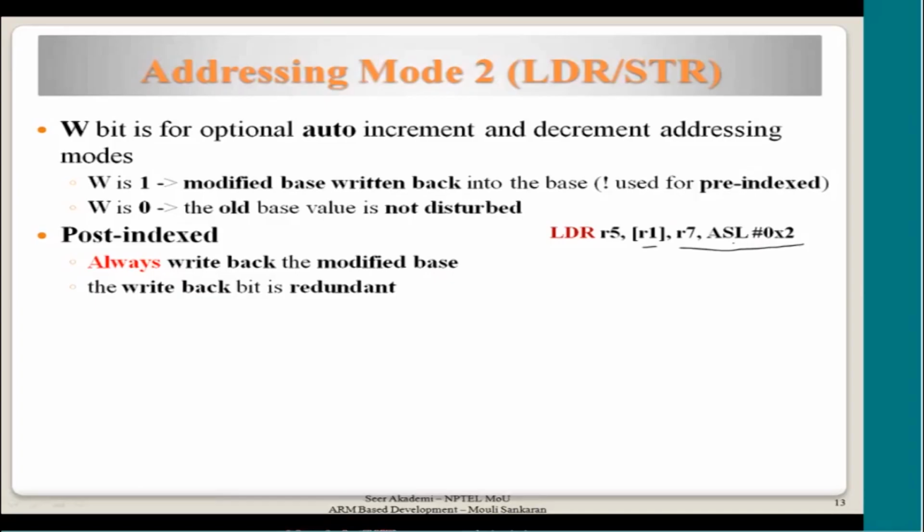The processor designers don't want to use the same function by saying that the W bit is also 1. They want to use it for some other useful purpose. So they always make this write back bit 0 in the post-index format, but the processor will write it back into the base register. Please remember that.